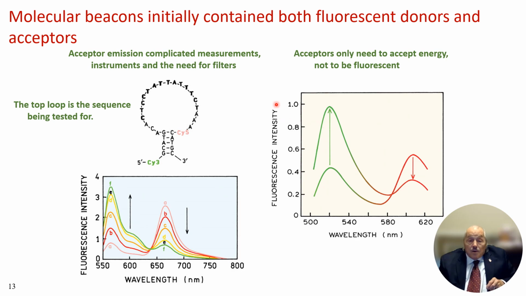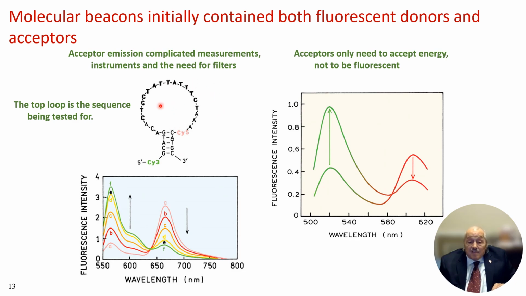When this first started, the molecular beacons originally contained fluorescent donors and acceptors. So the first one looked something like this, had a Cy3 on one end, and a Cy5 on the other, I believe. Again, this is the sequence we're testing for, and as you add this sequence to the sample, it breaks apart.